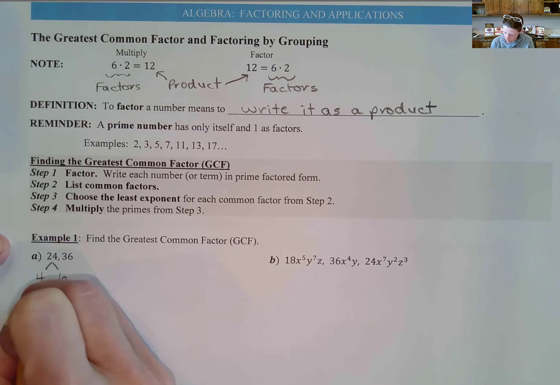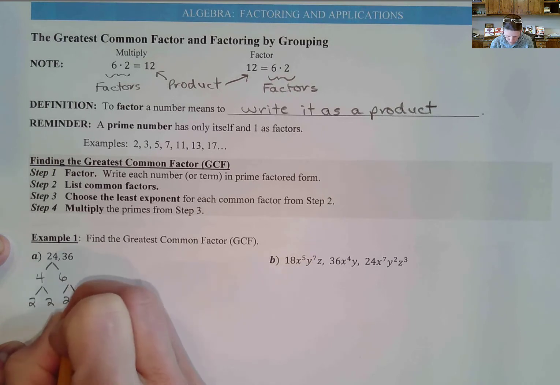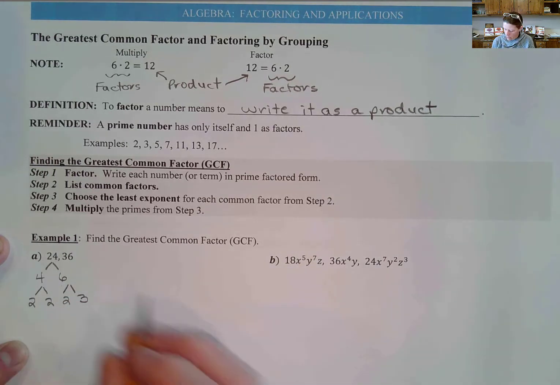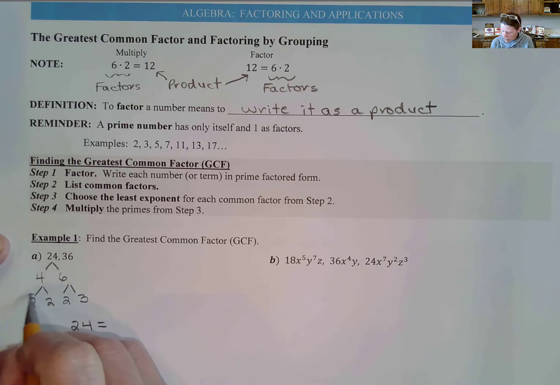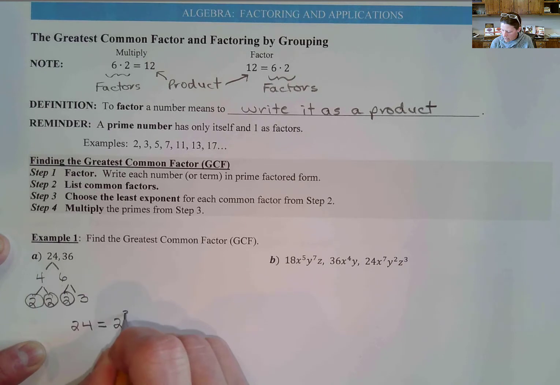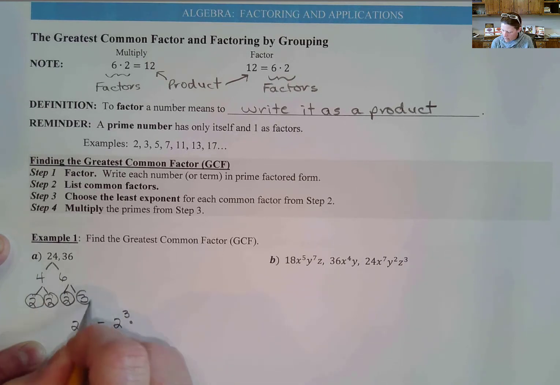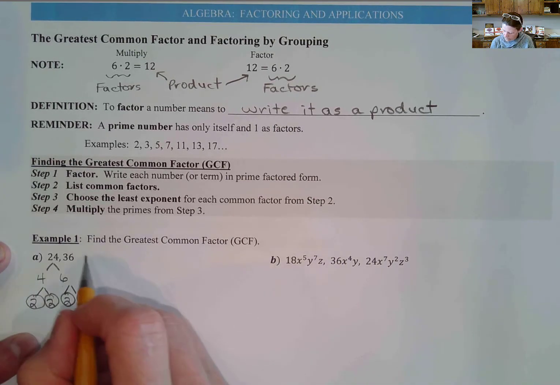Neither of these is prime. 4 is 2 times 2 and 6 is 2 times 3. Therefore, we can write the number 24 as 2 times 2 times 2, that's 2 to the third power, times 3.